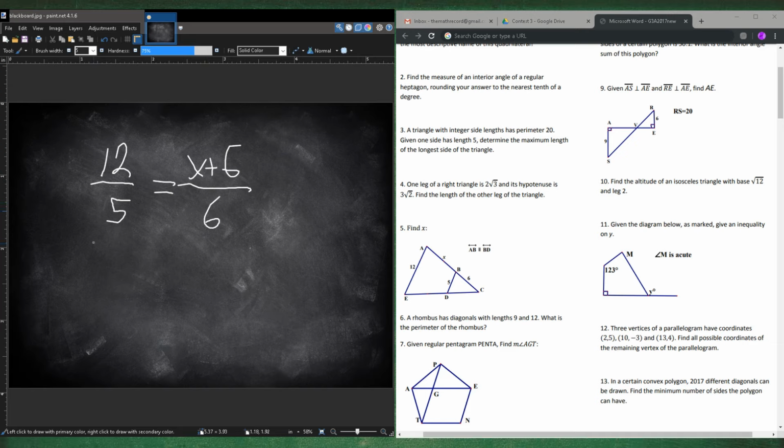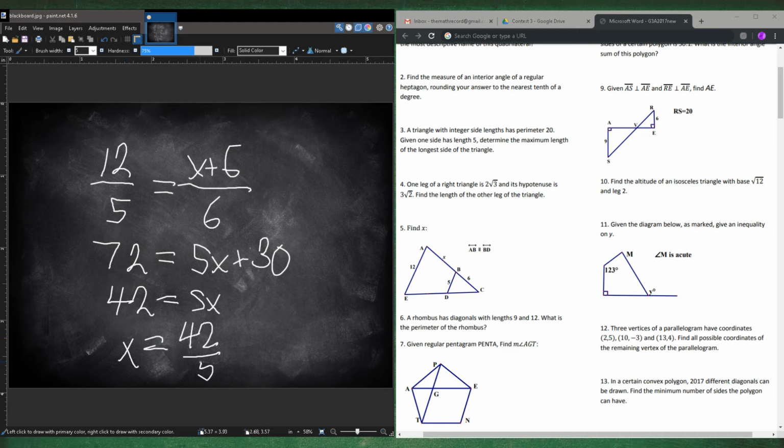Then cross multiply, you have 72 is equal to 5x plus 30. Subtract 30 to get 42 is equal to 5x. So x is equal to 42 over 5. So that's your answer for number 5.